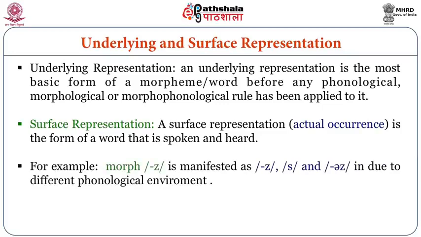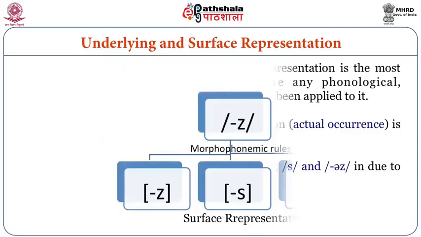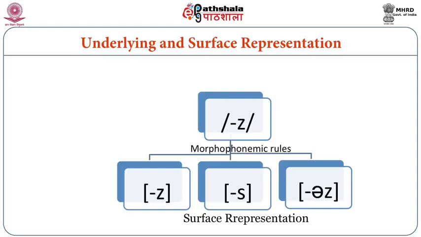For example, morph z is manifested as z, s and iz due to different phonological environments. Now you can see on your screen the example of surface representation. These are symbols representing that.